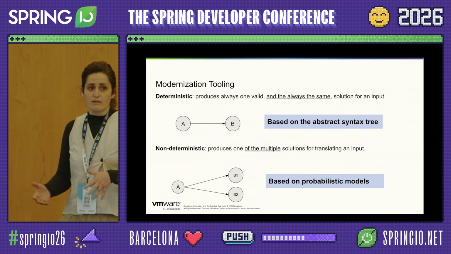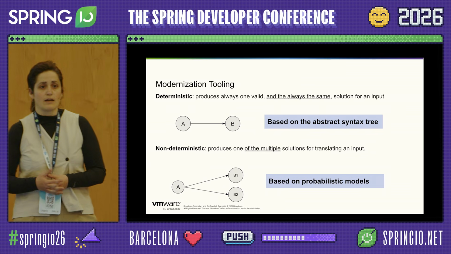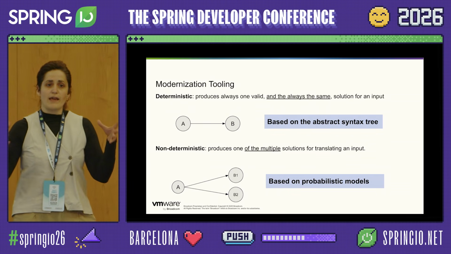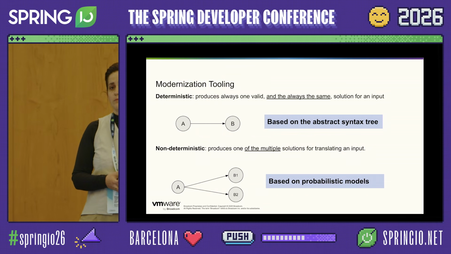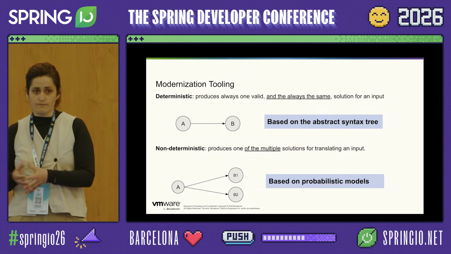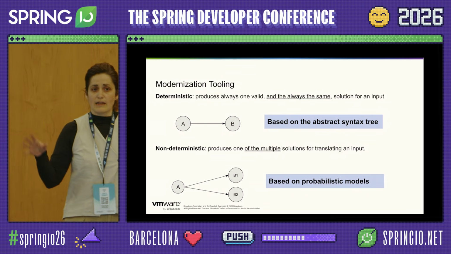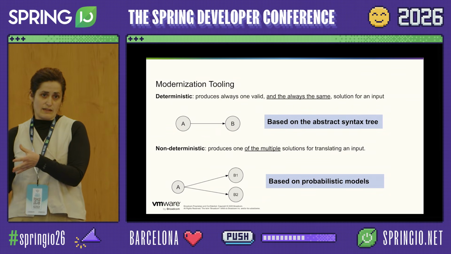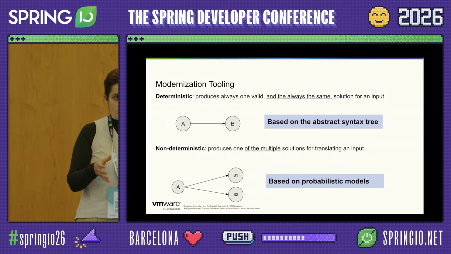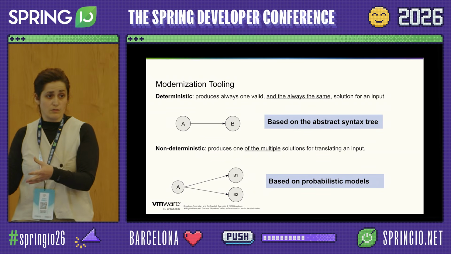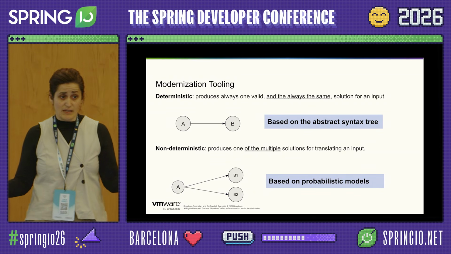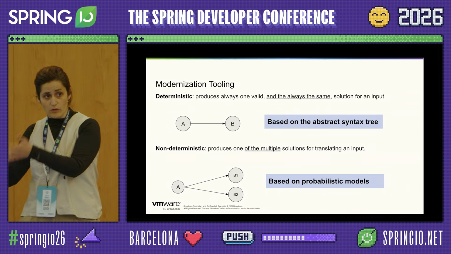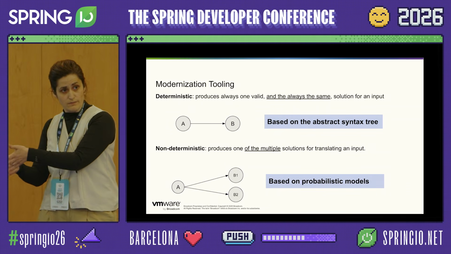I want to start with some very basic knowledge points. One is the way that we can categorize modernization or coding tools. There are two main categories. One is the deterministic tools, where given an input, it always produces the same output. Renaming a method is a deterministic problem, right? You know exactly how your code is going to look after you apply that small refactor.